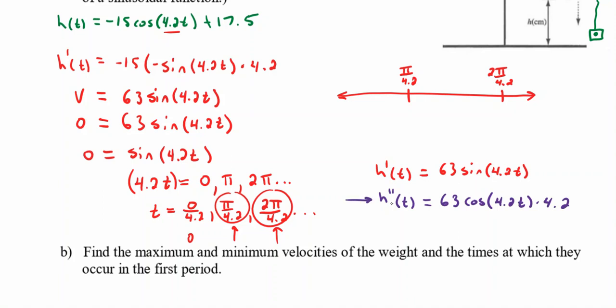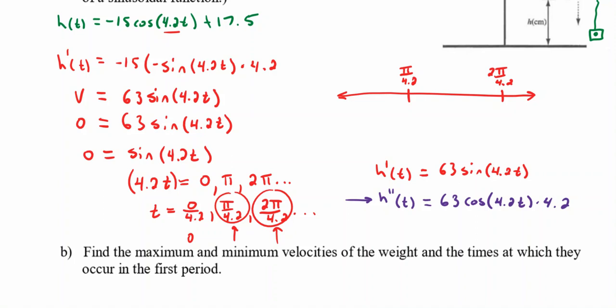The equation was height, the first derivative was velocity, and the second derivative would be my acceleration. So this is going to tell me whether my acceleration is downward or upward, which is also going to tell me whether this thing is concave down or concave up.